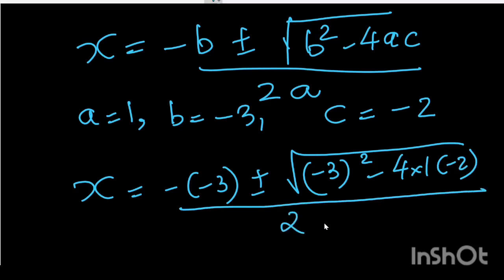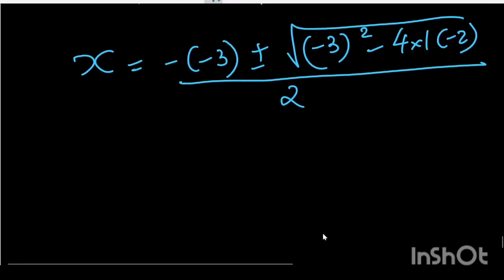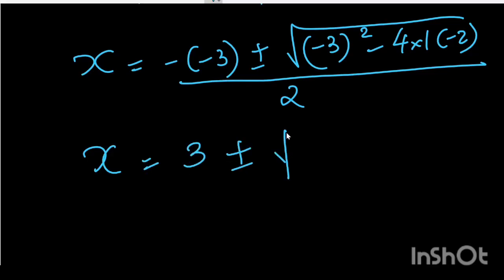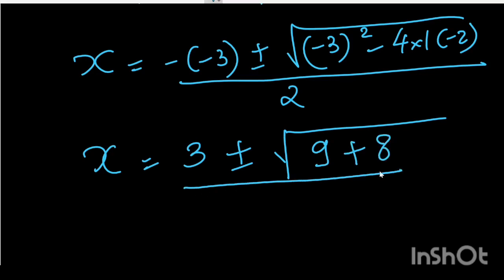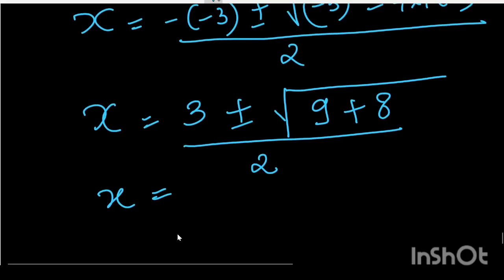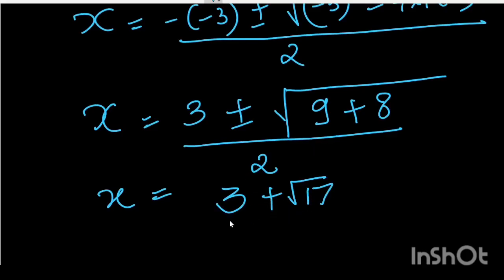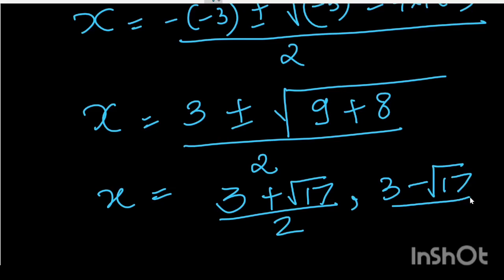Upon 2a, which gives us x equals 3 plus minus under root 9 plus 8, by 2. So x equals 3 plus root 17 by 2, since 9 plus 8 is 17, and another is 3 minus root 17 by 2.